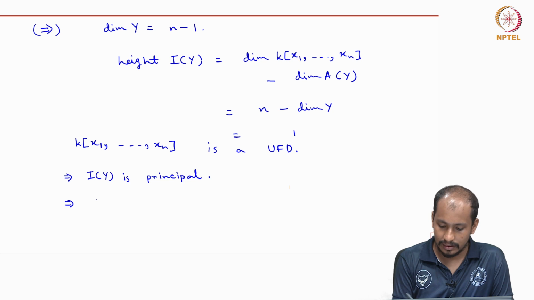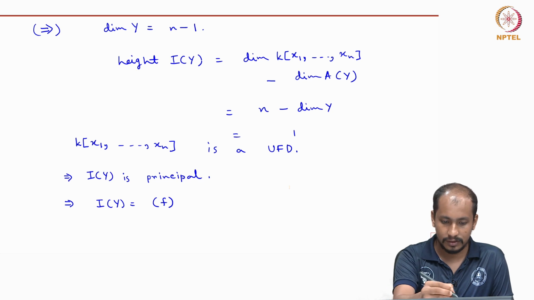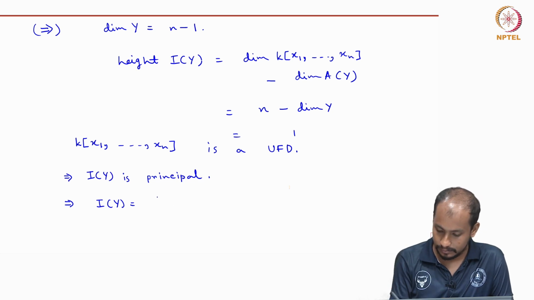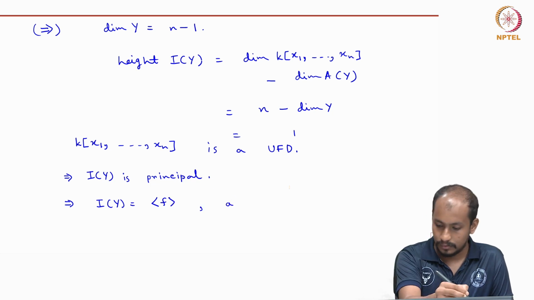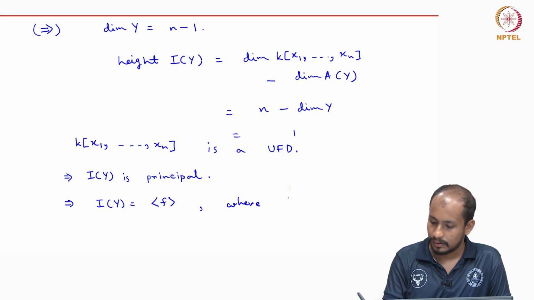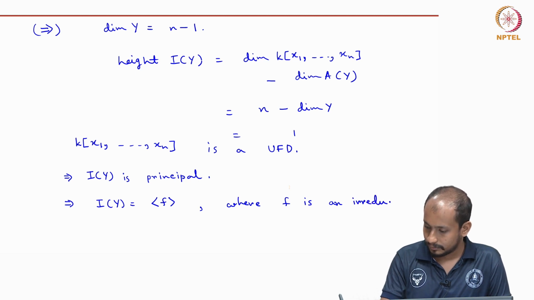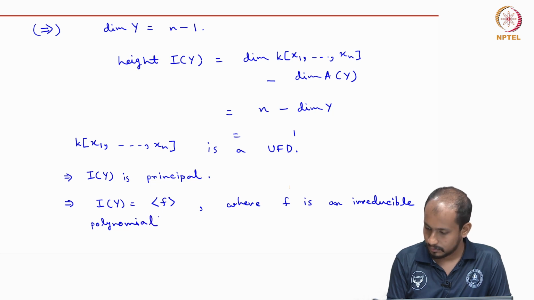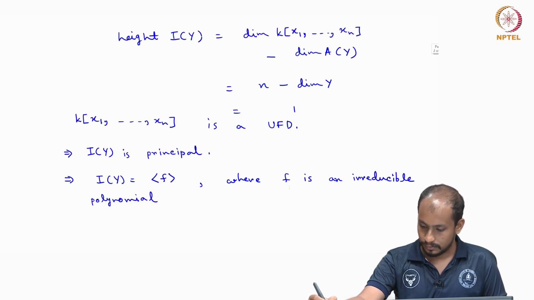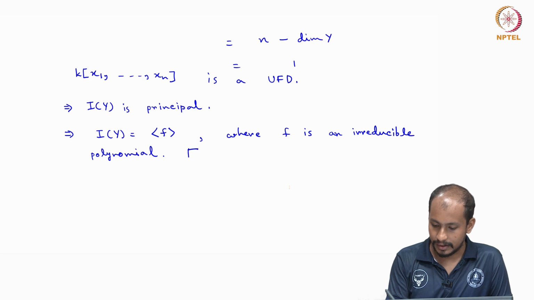So it implies that I_Y is generated by a single irreducible polynomial f, where f is an irreducible polynomial. So, done.